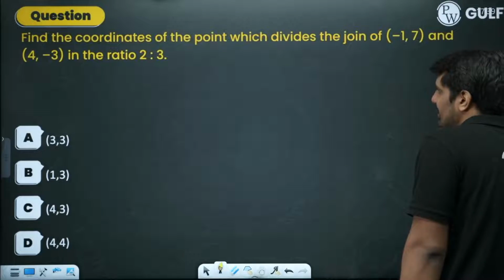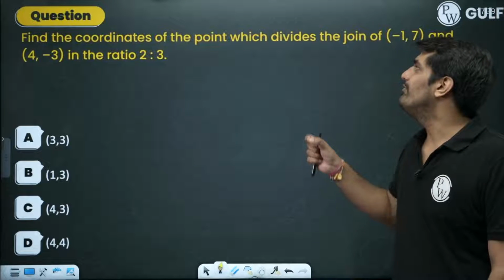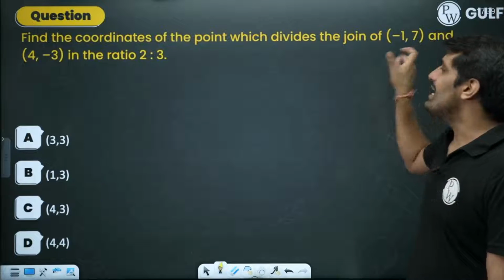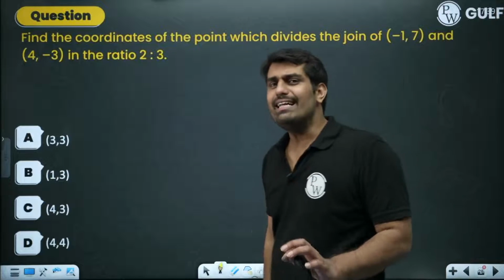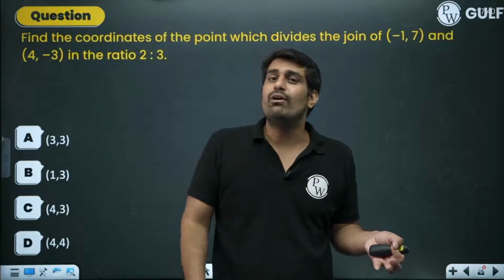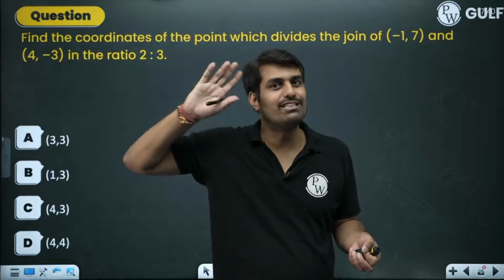Here we have the question which says, find the coordinate of the point which divides the join of this point and this point. And an important thing, listen, the section formula can also be easily understood. Let's say you are traveling from Delhi to London. I hope you have a good sense of geography.